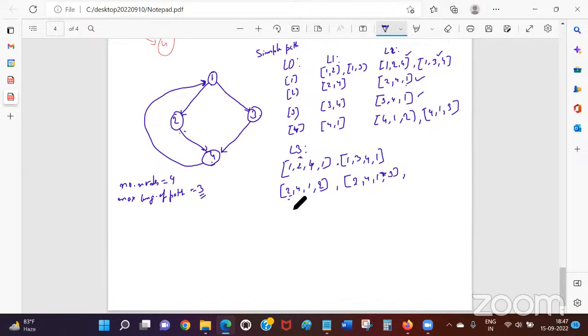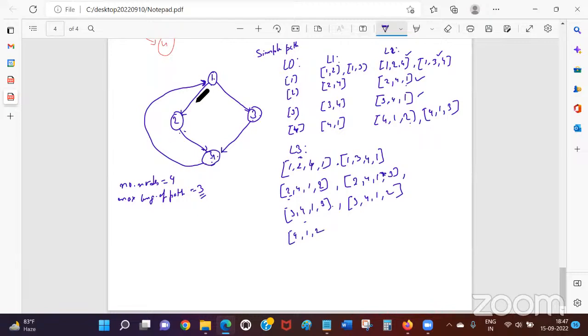Anything with 3, 4, 1? So I can have 3, 4, 1, 3. So the end vertex is repeated. That's fine. 3, 4, 1, 2. That's also fine. Now, can I have anything with this? 4, 1, 2.